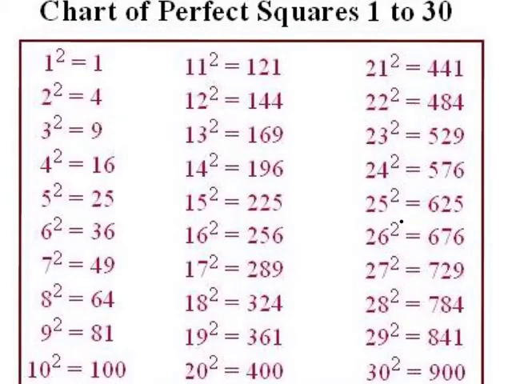Okay? Alright, some square roots that you're going to be using a lot, you will end up memorizing those eventually, is a chart here of the perfect squares from 1 to 30. Now sometimes you have something that's not a perfect square. For instance, if I said use a calculator to determine the 2 square roots of 10 to 6 decimal places.